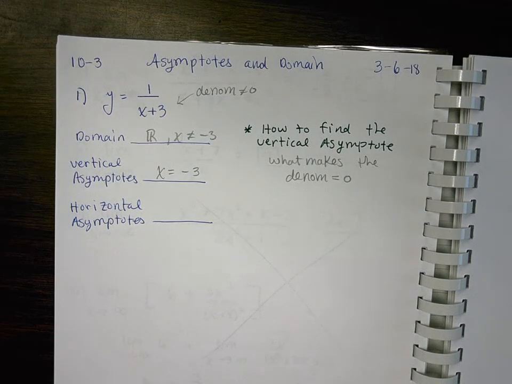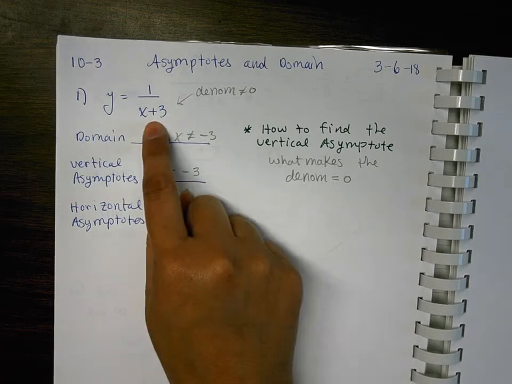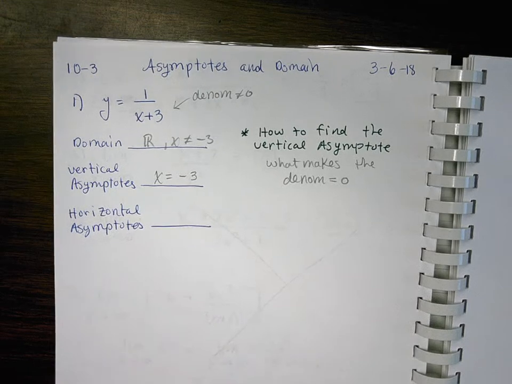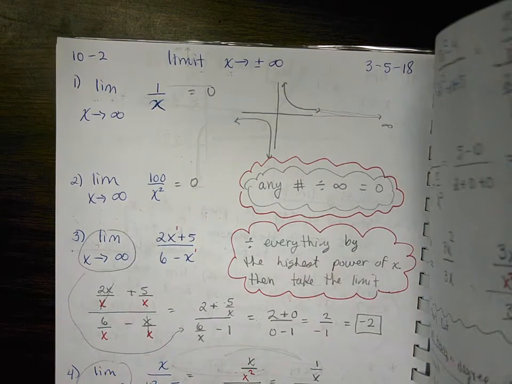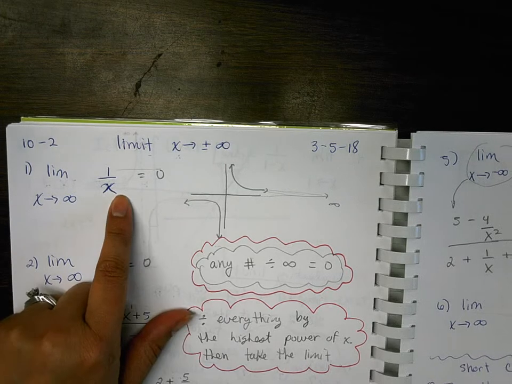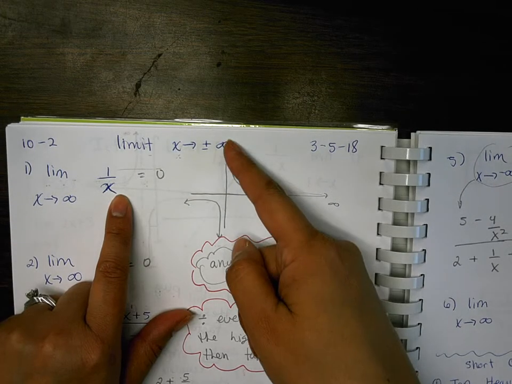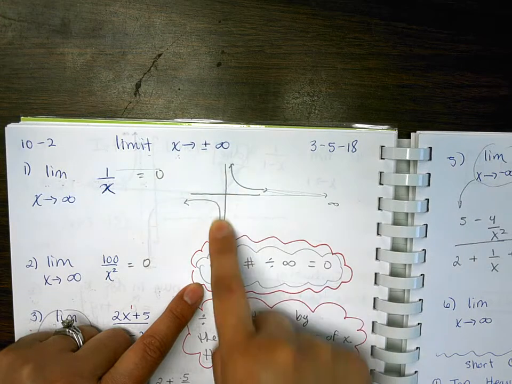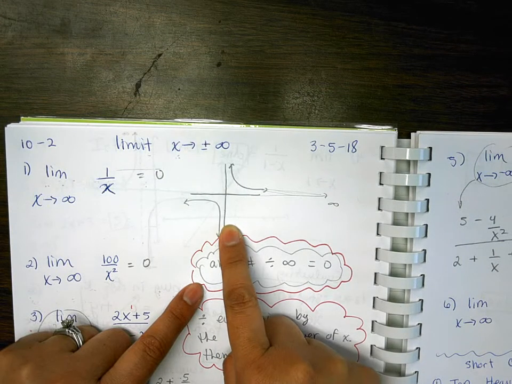Okay, when we actually get to sketching, we're not going to be sketching today, but when we get to sketching, does it make sense that if x cannot equal -3, you're going to have an asymptote there? Right? Like we had here, when I just showed you guys the graph, x could not equal 0, so it makes sense that the graph gets really close, but it never touches x equals 0. Do you guys see that?